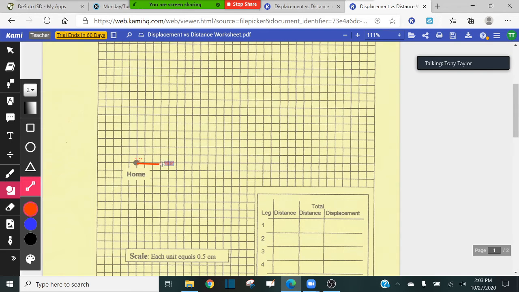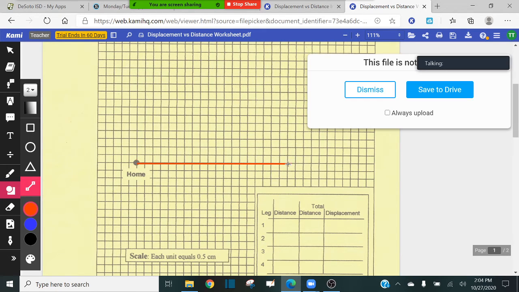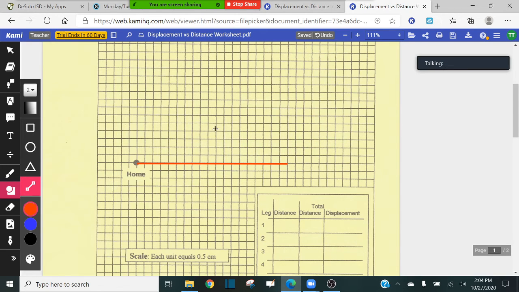1, 2, 3, 4, 5, 6, 7, 8, 9, 10, 11, 12, 13, 14, 15, 16, 17, 18, 19, 20. Okay, so that's 20 squares. Let me count that one more time just to make sure I didn't go over.